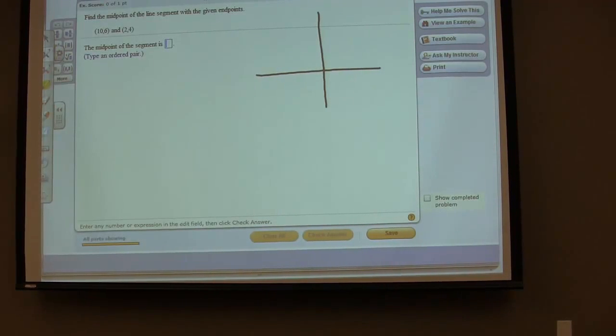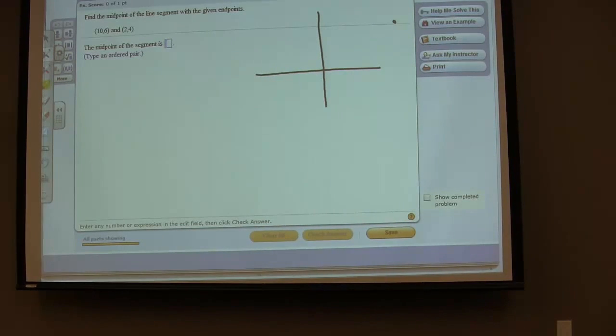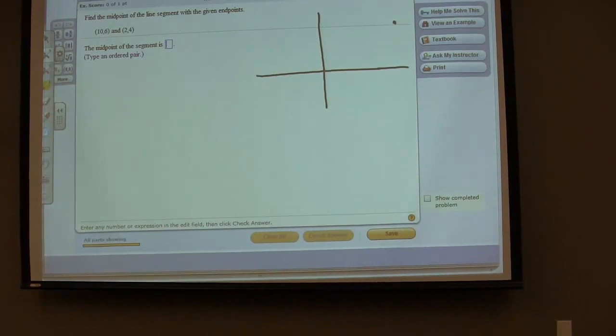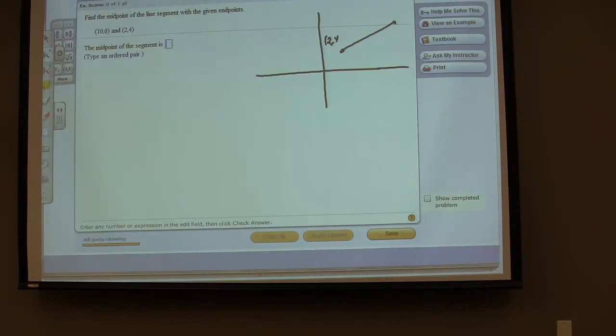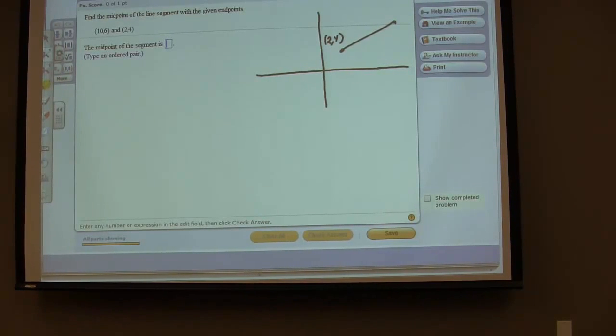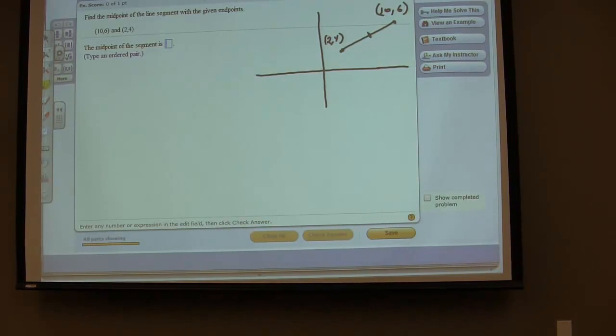The first point is 10, 6, so I'll say that's about here. And the other point is 2, 4, which is about here. We can call that 2, 4. And we'll call this one 10, 6. And we're looking for that point right there halfway between.